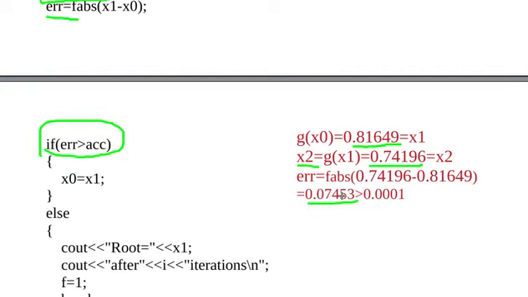Here you will get a 0 value, here 0, here 0 and some value here you will get, but I am checking with 0.0001. Definitely this value will be a smaller value than 0.0001. So you will reach the else part when you reach the accuracy level.